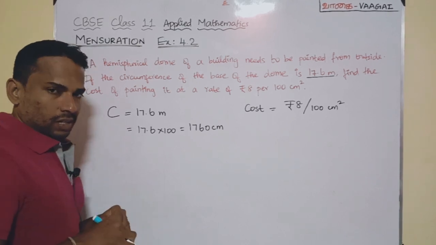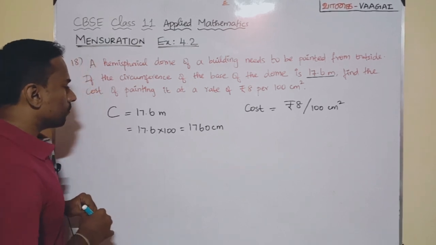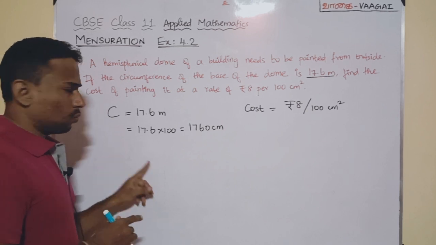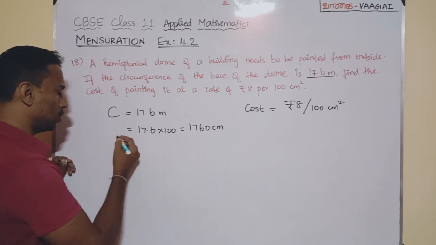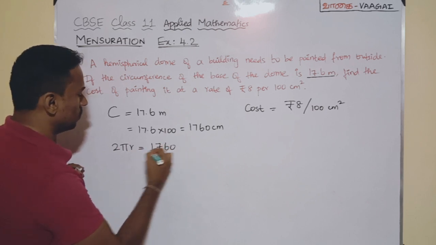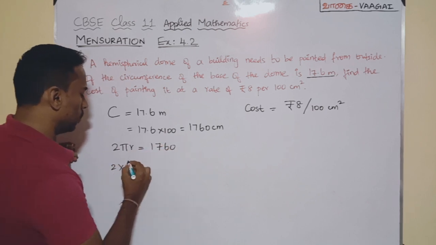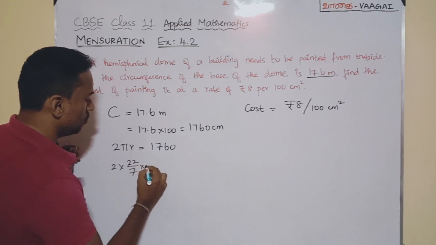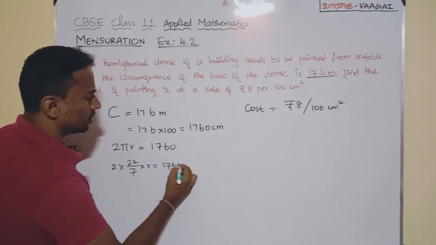Now the next thing is we will try to find the radius. Why? Because the circumference of the base is 2 pi r. So 2 pi r is equal to this 1760, which means I can substitute the values. 2 into pi, 22 by 7, into r is equal to 1760.